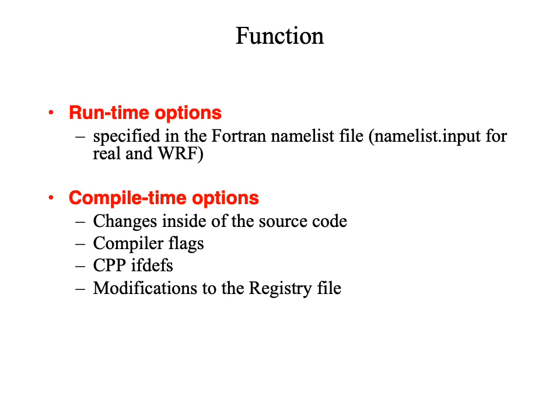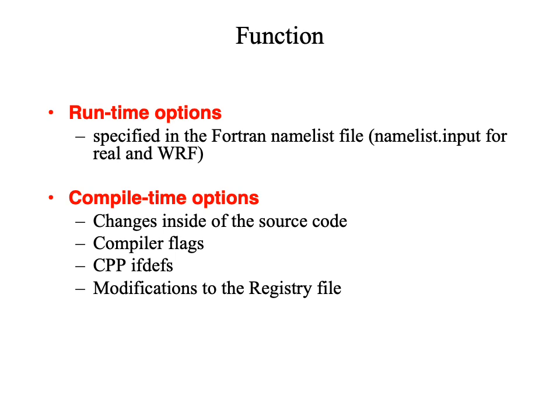These runtime options are different than what we refer to as compile time options. Based on the name, the compile time options are changes that are made to the source code that require the code to be recompiled before they can be activated. So these are modifications to the source code.